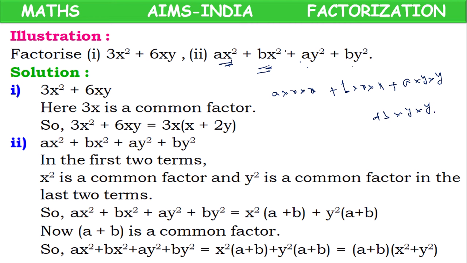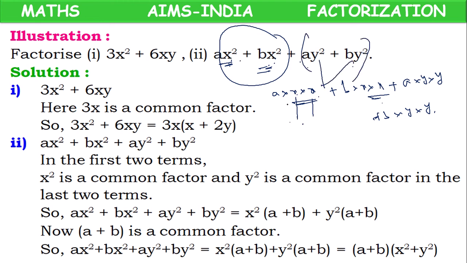So if you see the first two terms, x square is common. In the next two terms, y square is common.